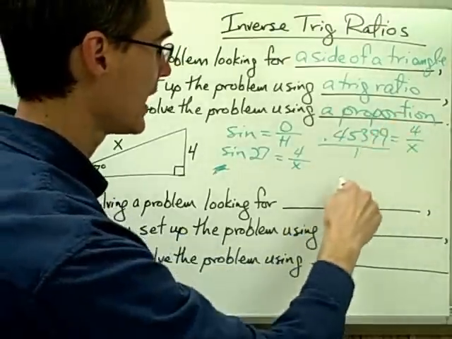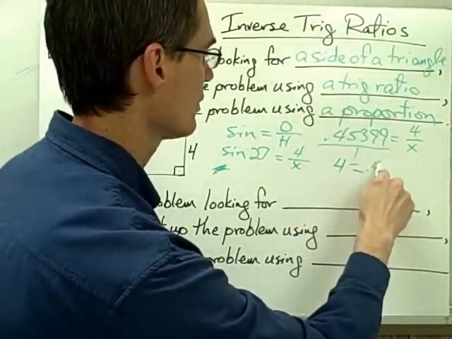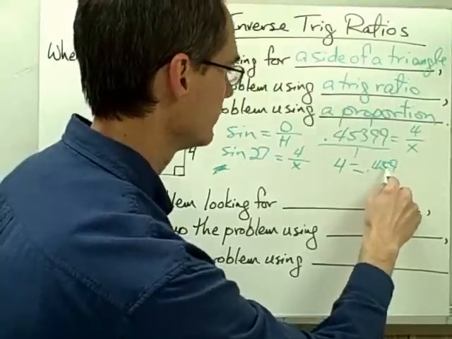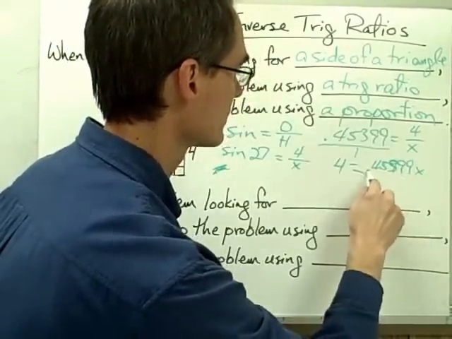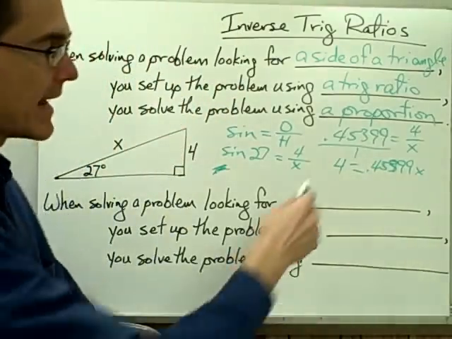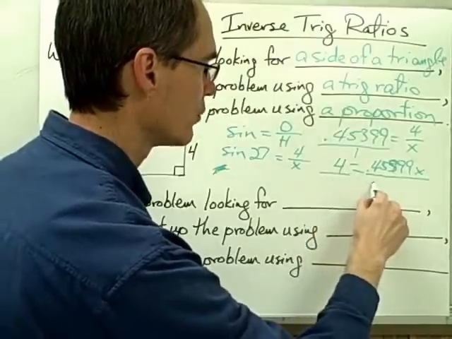I'm going to cross multiply. 1 times 4 is 4 equals 0.45399x. And now, my last step, I need to divide both sides by 0.45399.